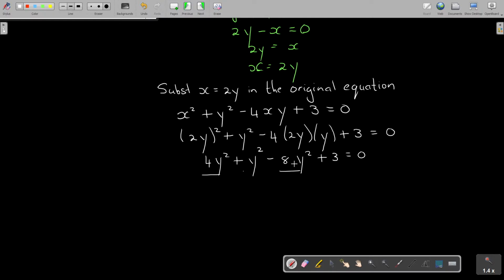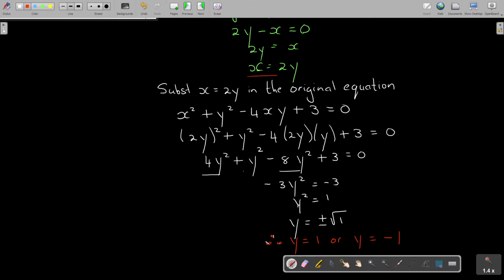So it's 5 minus 8, so it's negative 3y squared, and that is equal to negative 3, so y squared is equal to 1. So y is equal to plus or minus the square root of 1. Therefore, y equals 1 or y is equal to negative 1.